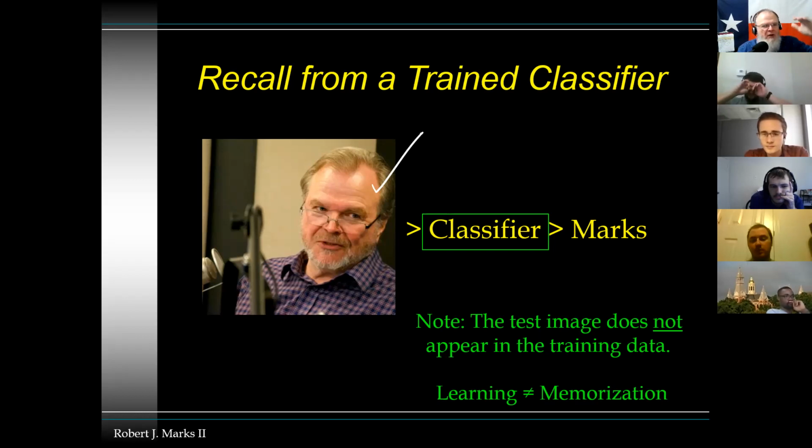If we simply were looking at a tally of a number of different training data, and we're trying to memorize and get the closest image, well, we could do that with a table lookup. But what we would like to do is have that classifier recognize the picture that it hasn't seen before. That's learning. If you can only recognize things which you've memorized in the past, then that isn't learning, that's memorization.